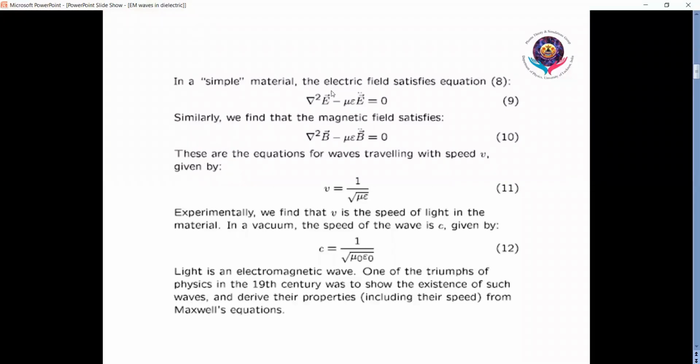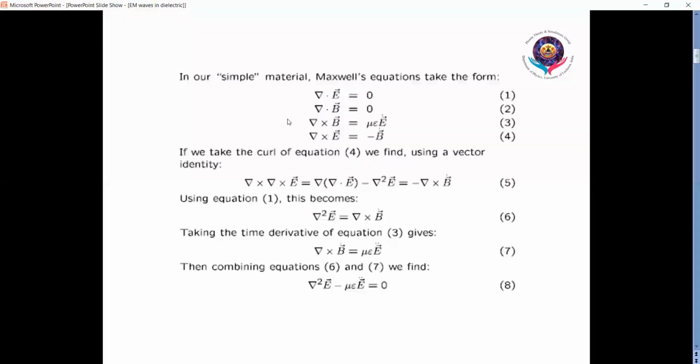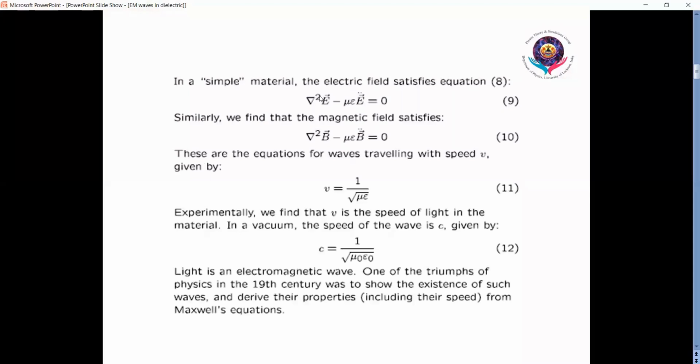In a similar manner, taking the curl of equation 3 and adopting the similar procedure, for the magnetic field we have this kind of second order differential equation. These are the wave equations that we talked of yesterday.